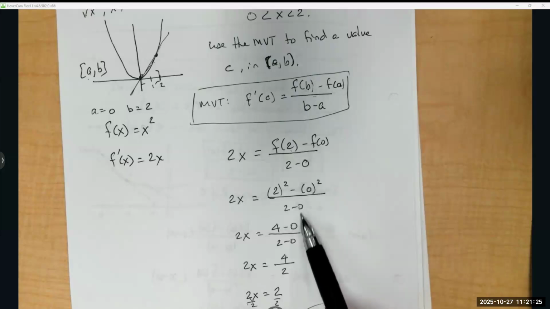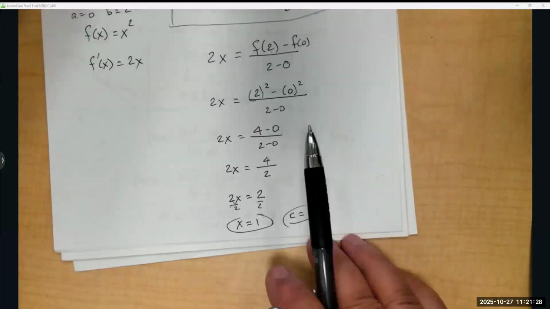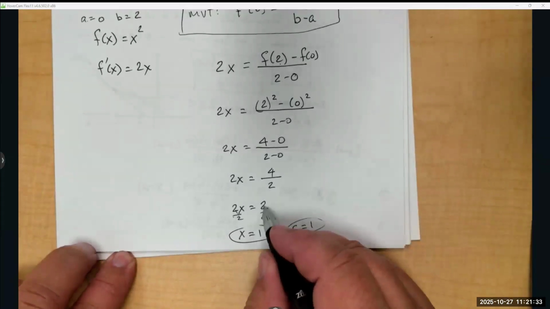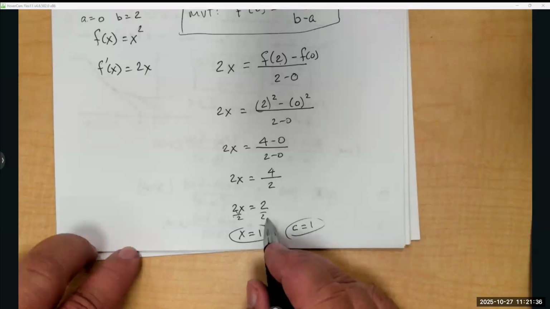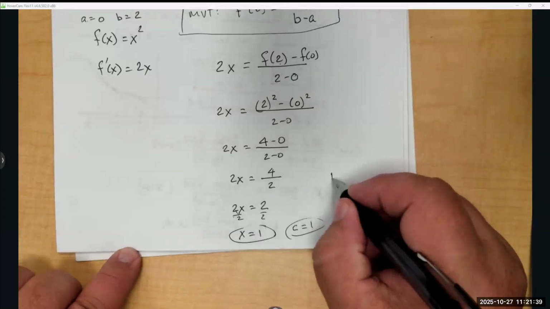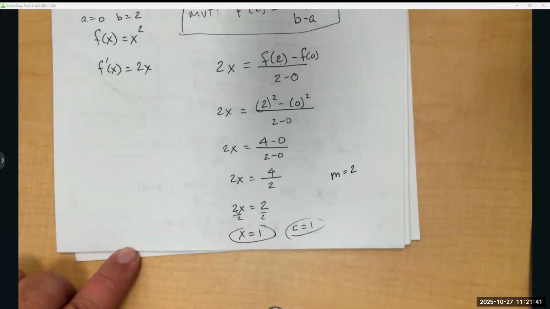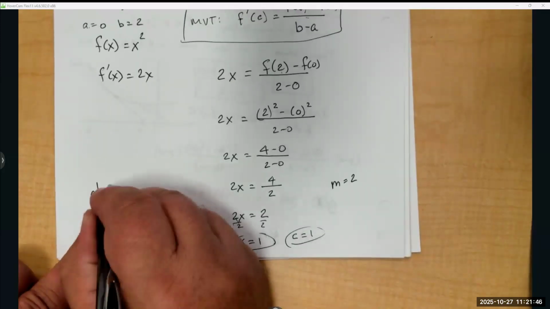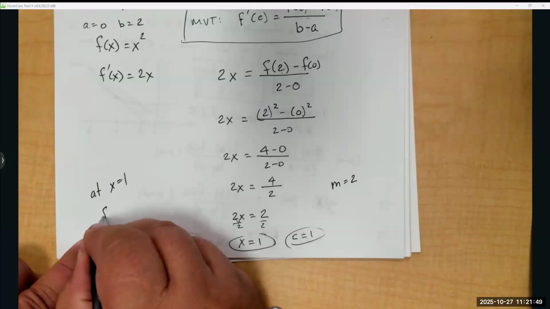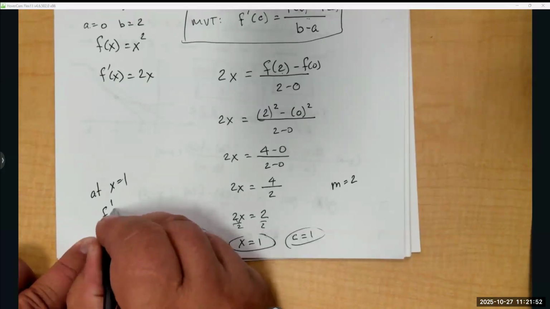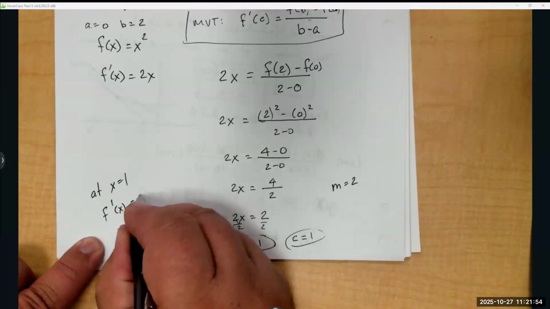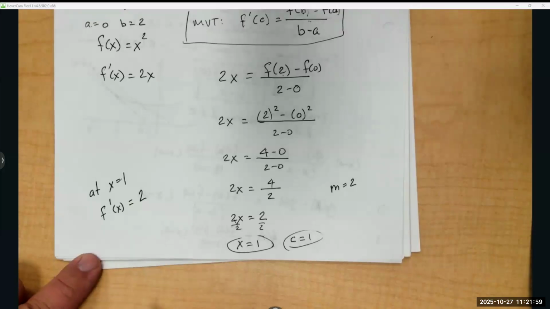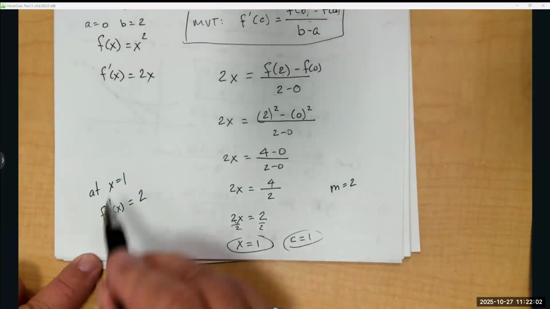Let's work it out. We worked it all the way out. The slope, yes, you said 2, right? Yes. The slope is this one. So this is the x value. At x equals 1, the derivative will equal the same slope. The derivative is 2x.